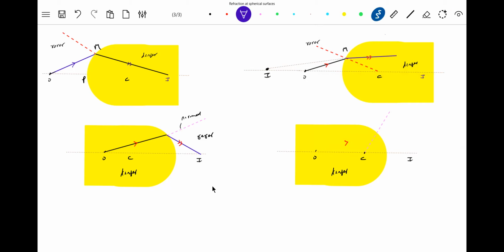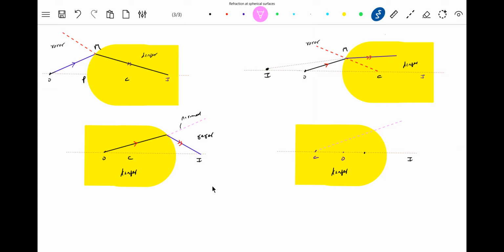Okay, then, a slight correction, I'll make it. This is one more situation. We may end up like this.